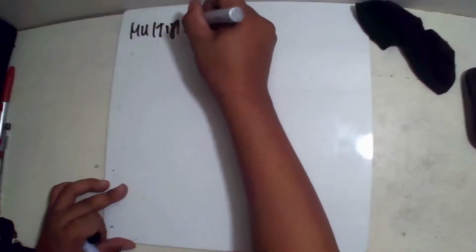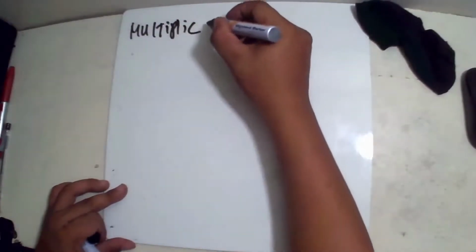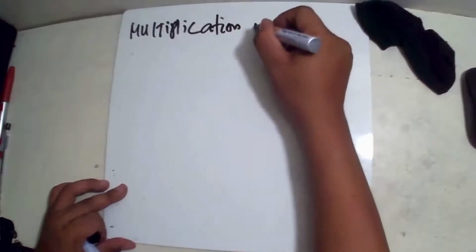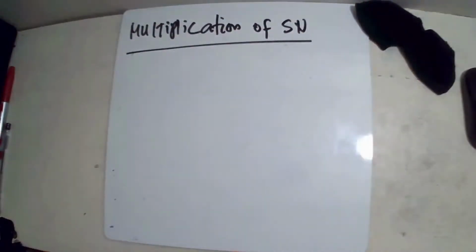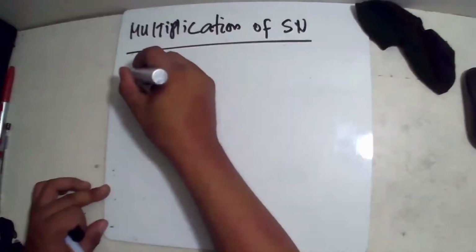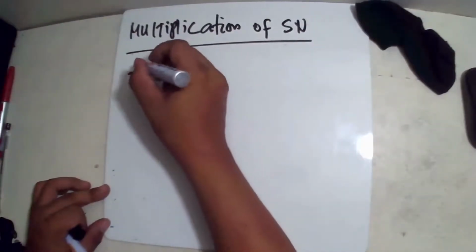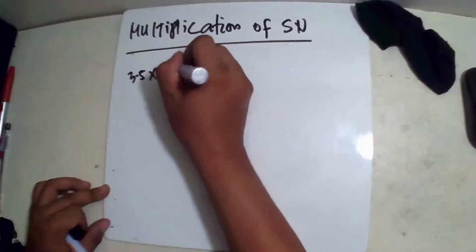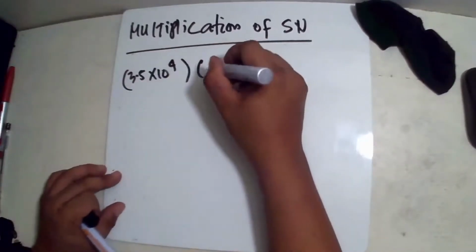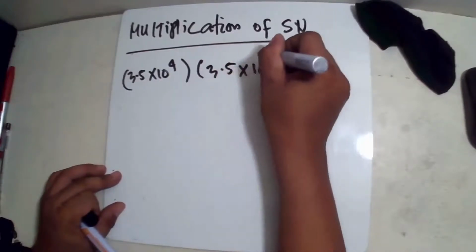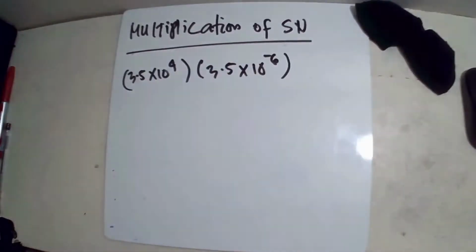Multiplication of scientific notation. For example, we have 3.5 times 10 raised to 4 multiplied by 3.5 times 10 raised to negative 6.